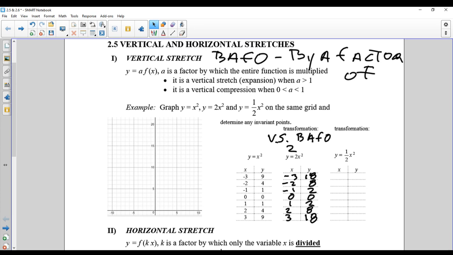So let's go ahead and draw that function right now. So 0, 0 is on the line. I put mine in red. You don't have to use red. You may not have red. Minus 2, 8. Should be somewhere around here and here.